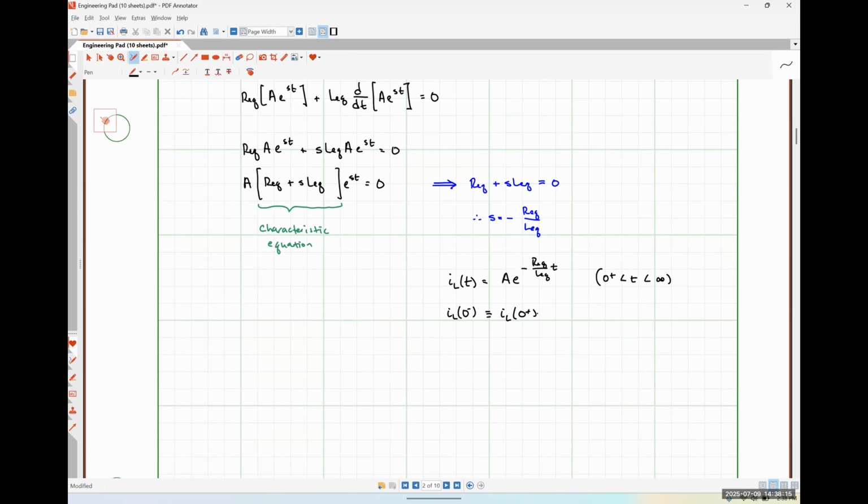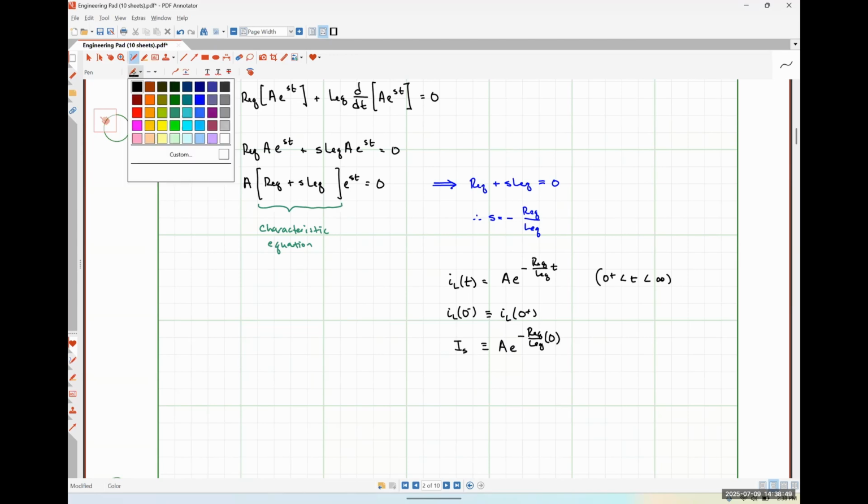This is the relationship that we came up with last Wednesday when we were looking at the derivative-based relationship, and notice that the current could not instantaneously change. And so now I'm literally just going to sub in values. At t is equal to 0 minus, we found that IL was simply IS. At t is equal to 0 plus, we would have A e to the negative REQ over LEQ times 0.